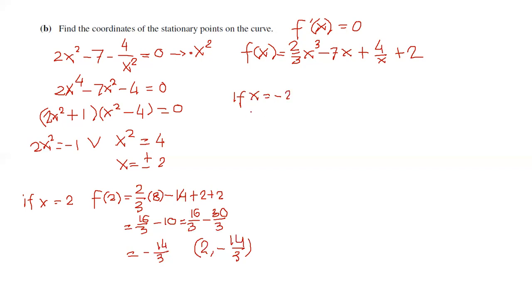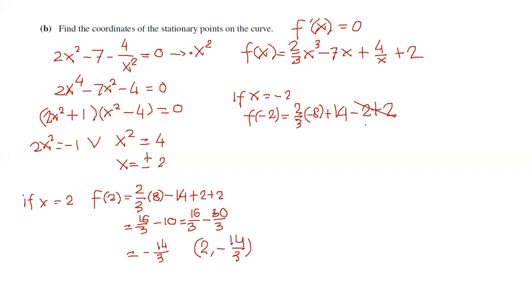If x equals negative 2, it means f(negative 2) equals 2/3 times negative 8, plus 14, minus 2 plus 2.